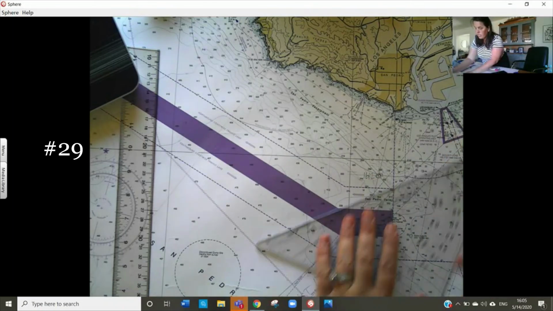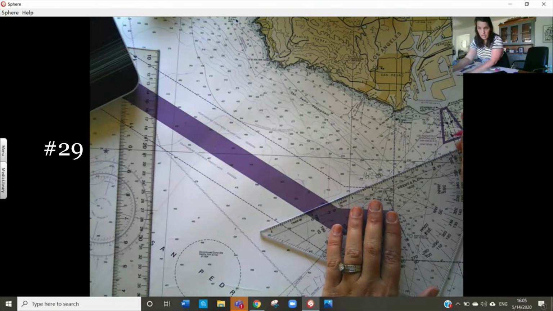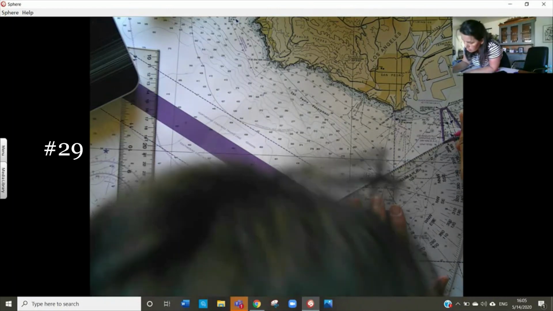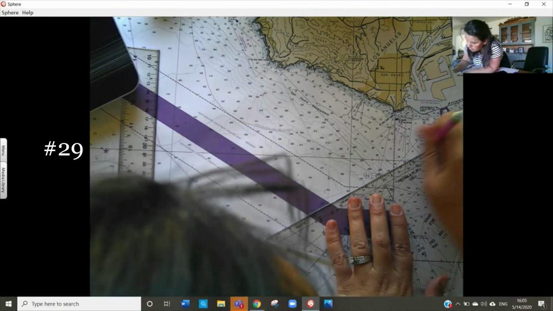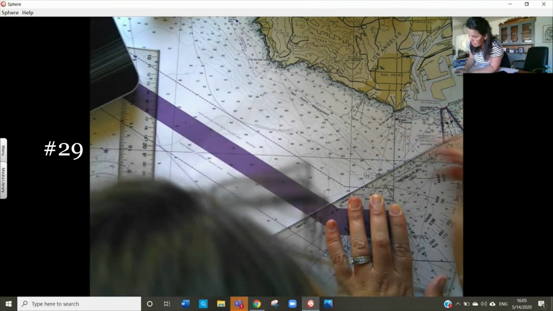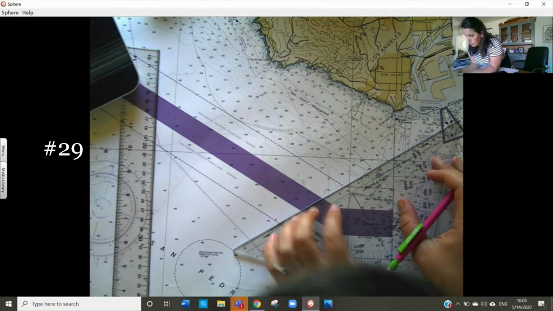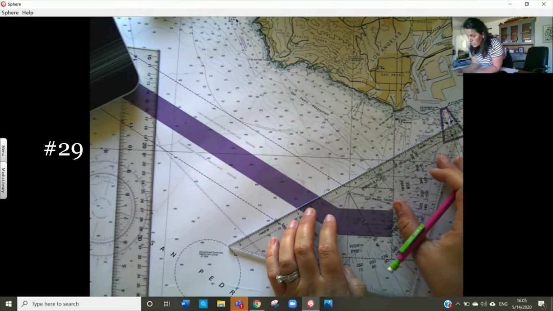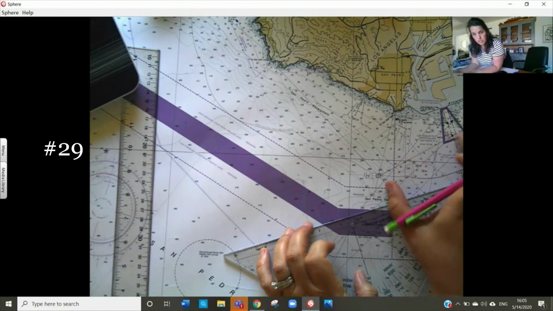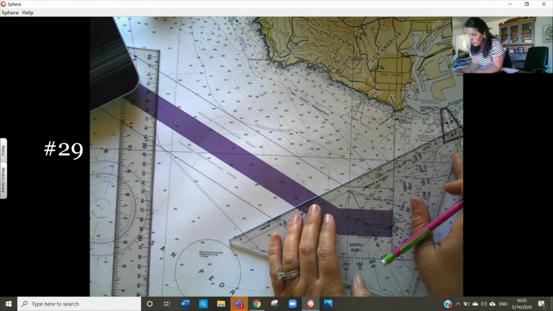So I need to draw in my new course. So I have a new line, and again I'm just going to use the meridian. It doesn't cross through, but I can still get most of this line on the triangle. So you can still use it.